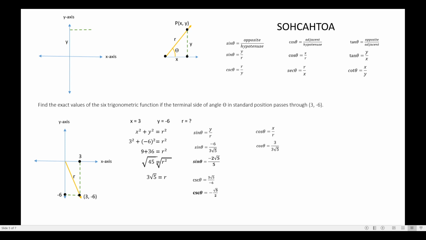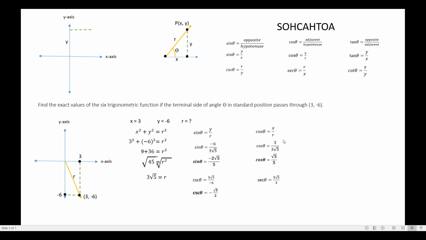That means you will have 3 over 3 square root of 5. Okay, that's just actually square root of 5 all over 5. Again, the same way, if you want to use your calculator, it's really fine. Then, for the secant function, you have to do the reciprocal here.